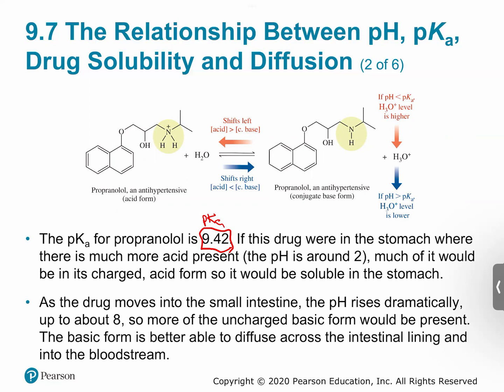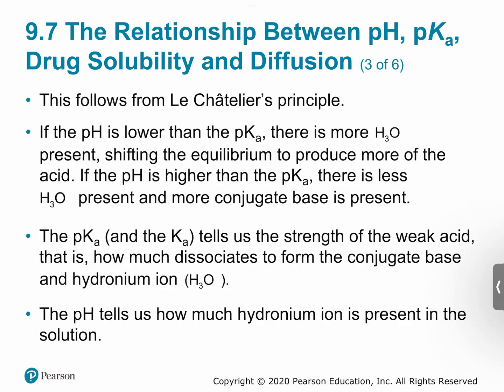It gets to be about 8, remember? So that's where we don't have as many of those hydronium ions. So the basic form is better for diffusing across the intestinal lining and getting into the bloodstream, which is what you want to happen. So that's actually ideal. And these shifts in these reactions follow Le Chatelier's principle, and you'll remember that.